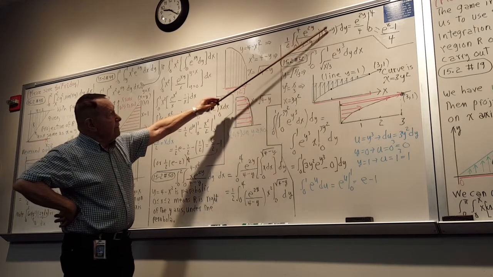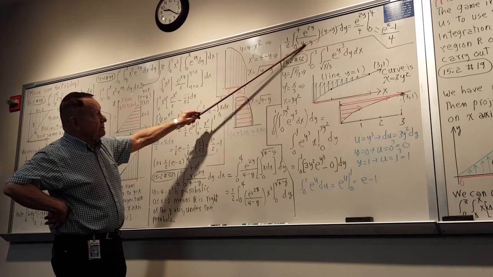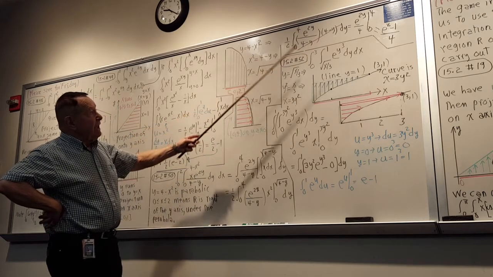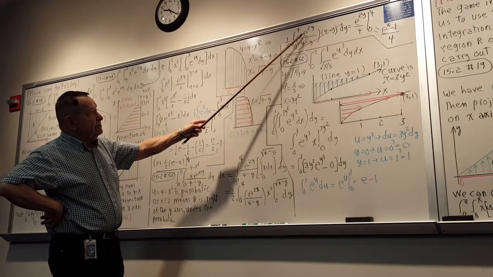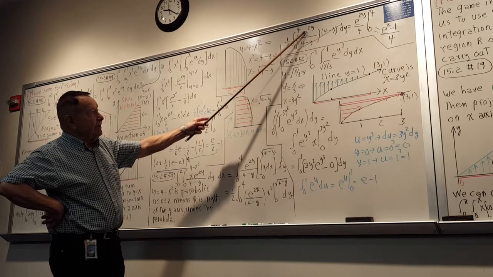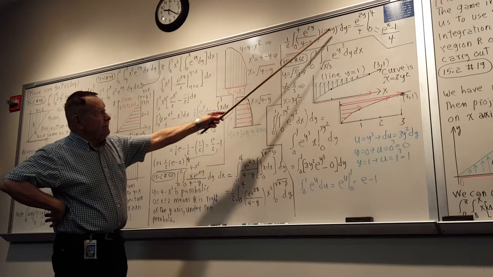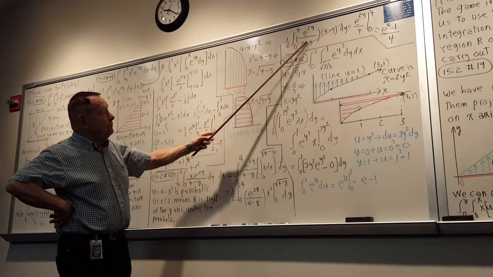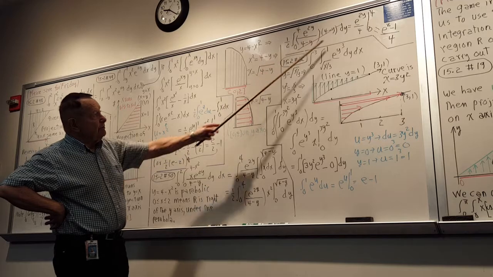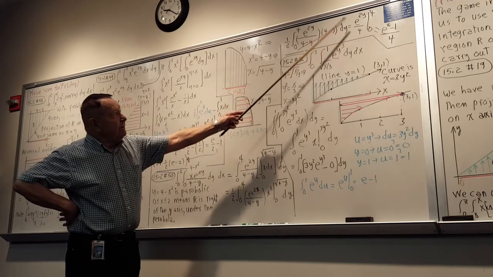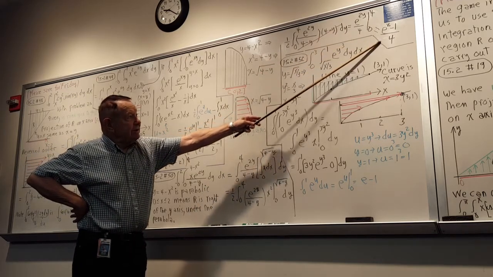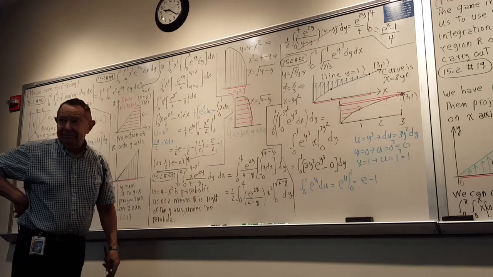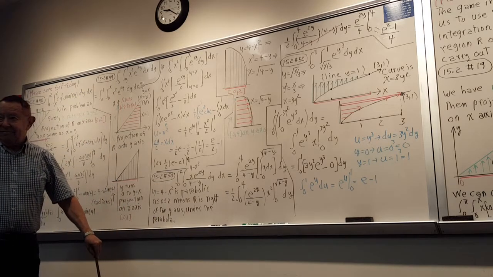So then my 4 minus y cancels. And so what remains is not such a bad problem. It's the integral of e to the 2y dy, which would be e to the 2y over 2 times this 2 gives me the 4. And then I put in my limits, and that's what you want it to be.